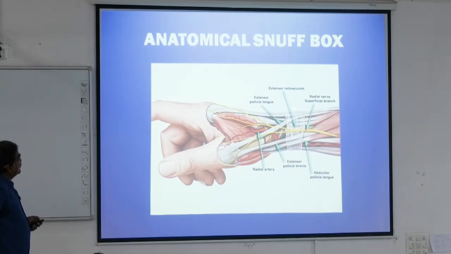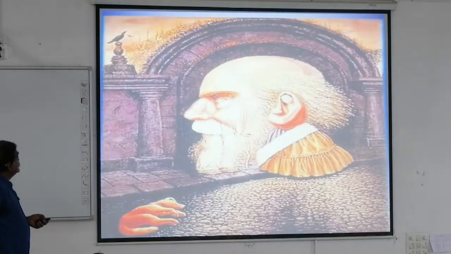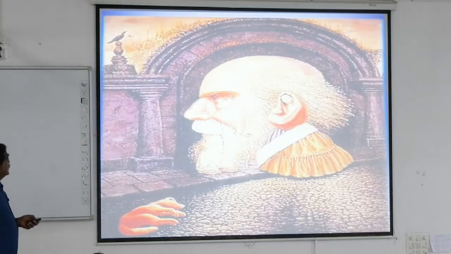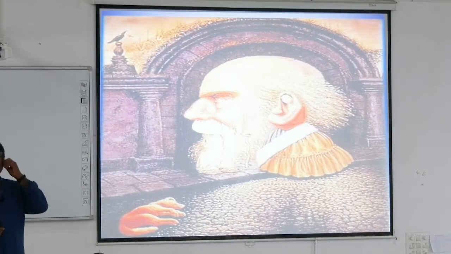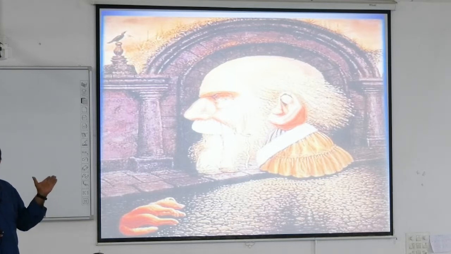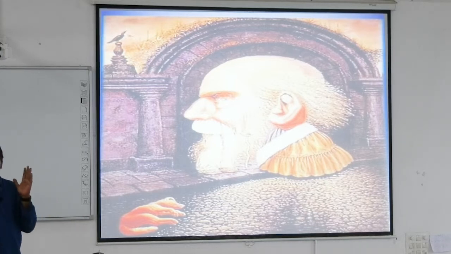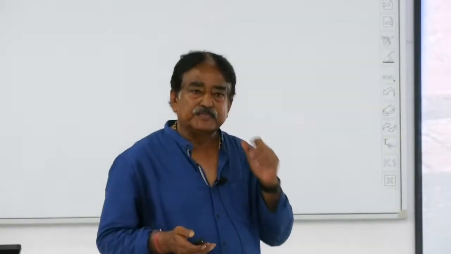Extensor retinaculum in this whole thing. Now this is the extensor pollicis longus. This is just a picture depicting many things. You just see it and go home and think, what was this picture?